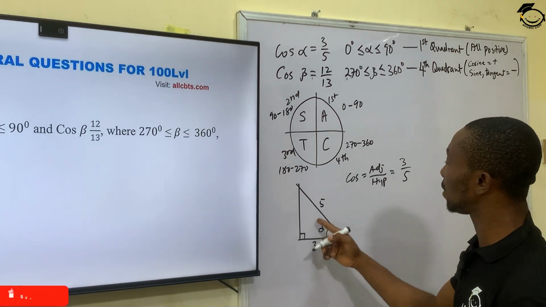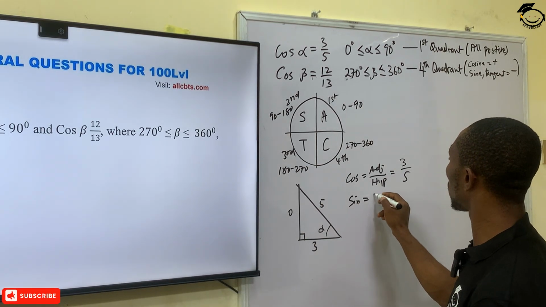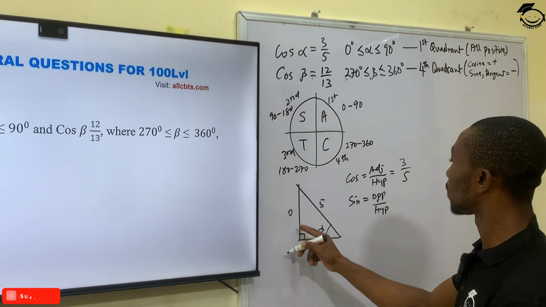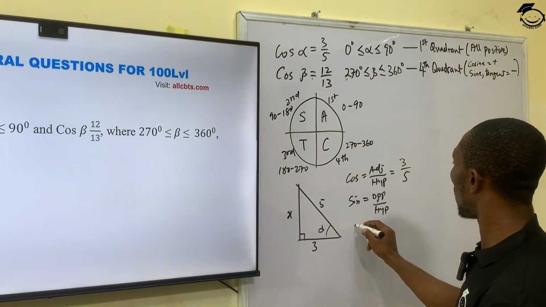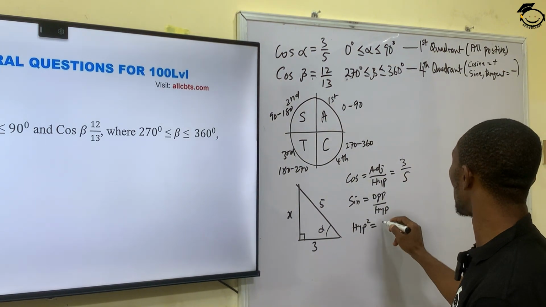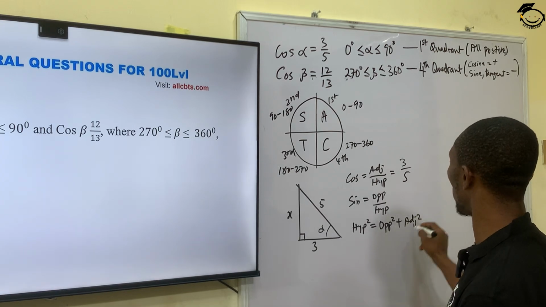For us to find sine, which equals opposite over hypotenuse, we use Pythagoras' rule: hypotenuse squared equals opposite squared plus adjacent squared.